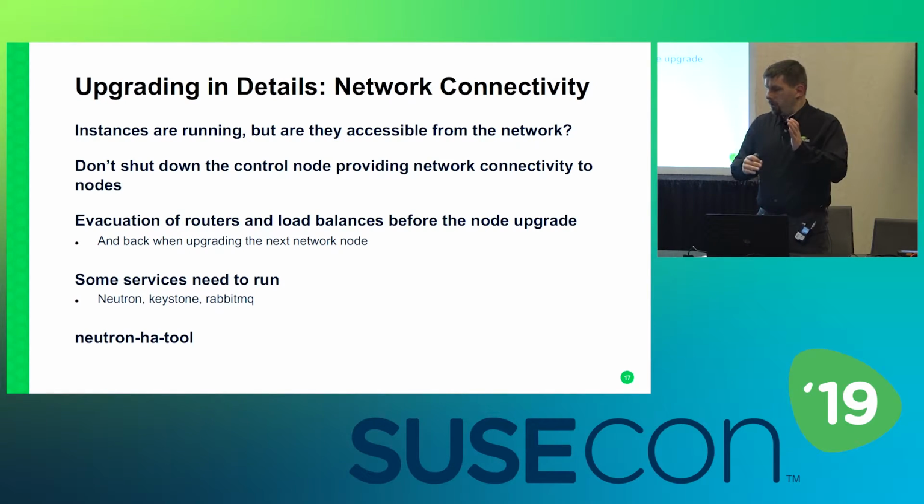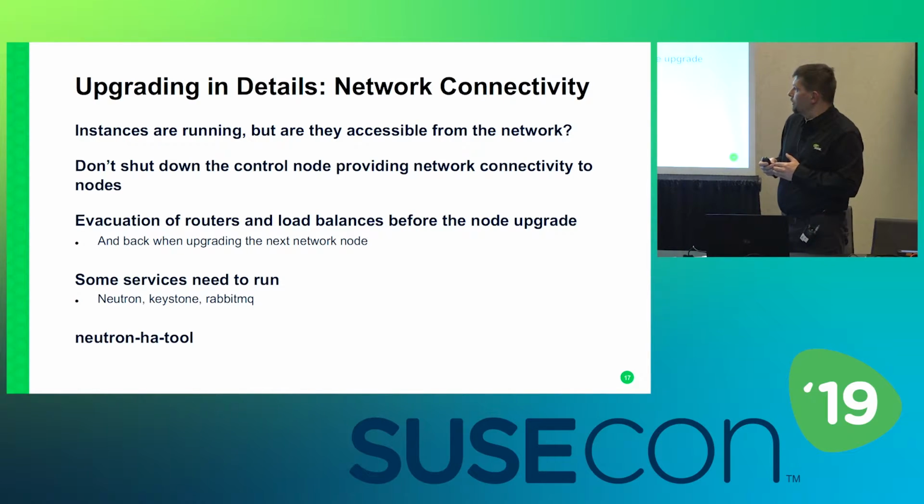Then we could finish the upgrade of the control node, and once this is finished, we need to bring those routers back, right? Because next time we will be upgrading another node. I may have said that we are stopping all the API services, but this is basically when we found out that we need to let some services keep running a little bit longer, like Neutron and basically dependent services.